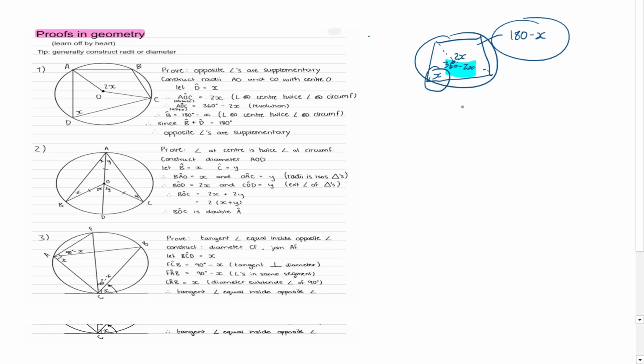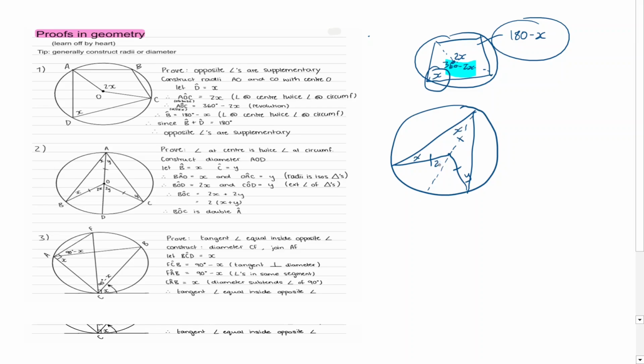How do I do this question? You would be asked to prove the theorem that states that the angle at the center is double the circumference, and so you'd need to know to create a diameter or a radius that's got a bit of a tail. If these are all radii, I can let this be x and this be y. Because this is an isosceles triangle now, that would also be x.